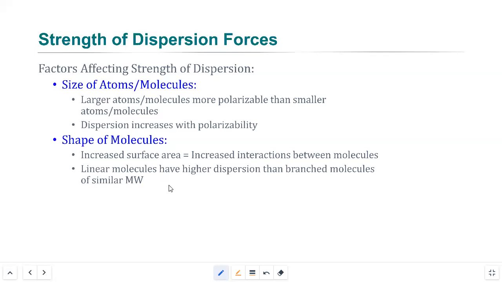Are they going to be able to stack on each other? Are they going to be able to get close to each other? That's where that distance bit that I kind of referenced at the beginning comes in. The closer they can get to each other, the greater their attractions are going to be.